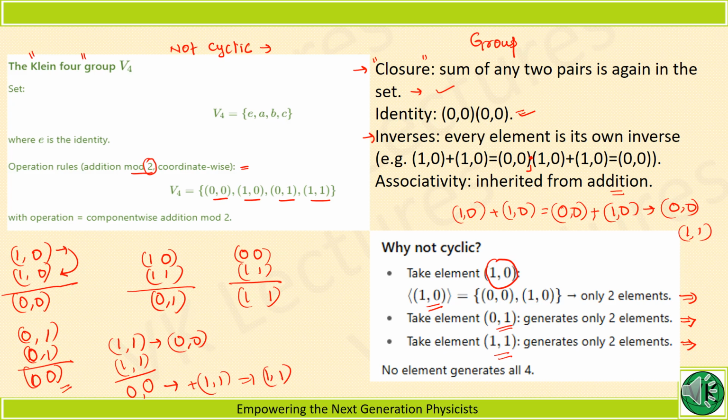So no element can generate all 4 elements. So it does not have any generator. A generator is not present for this group. Thus this is not cyclic. So the Klein 4 group is not cyclic. It's an example of a group with order 4 which is not cyclic.